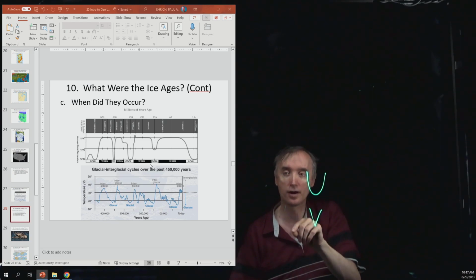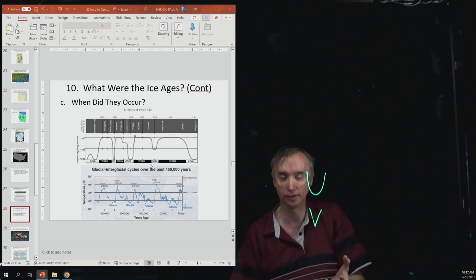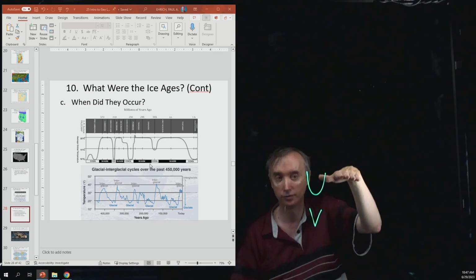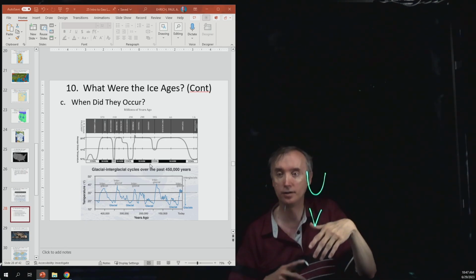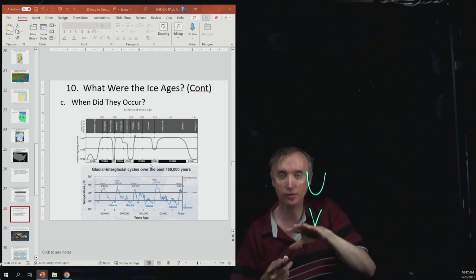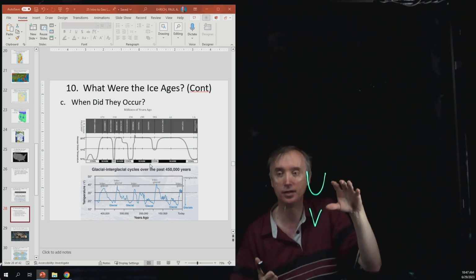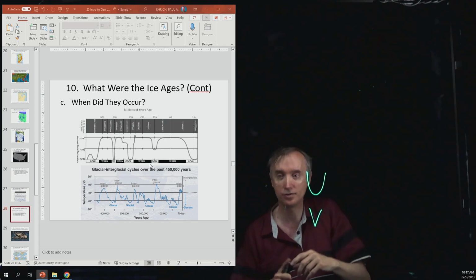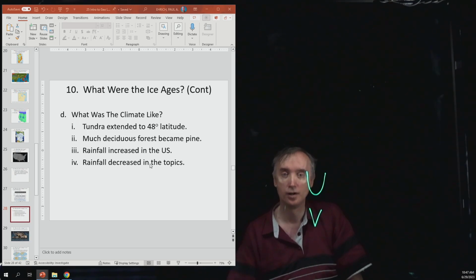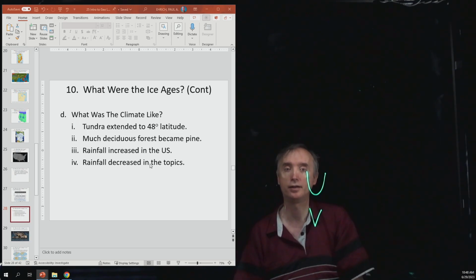If you look at the graph, you notice that currently the temperature is relatively above normal, so we're in an interglacial period right now. In the future, the glaciers and the ice ages are going to come back, but right now we're in between ice ages.